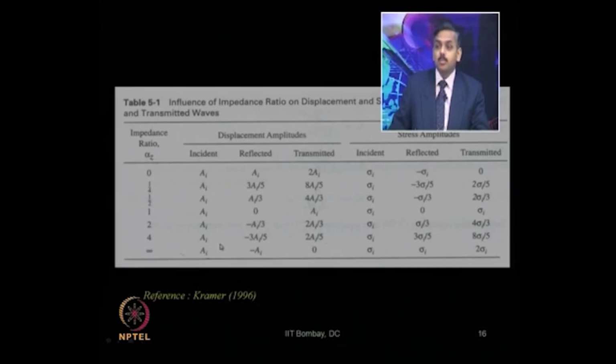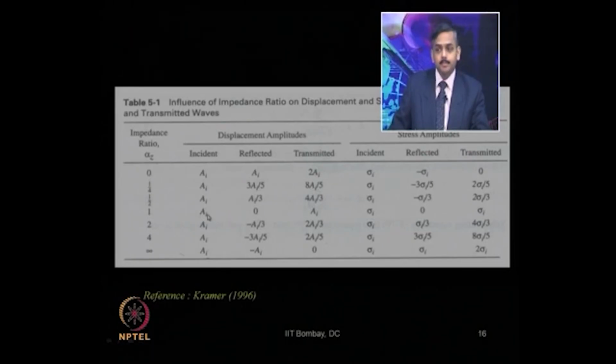That amplification mostly occurs when you have a very soft soil. So, from bedrock, if the wave travels through various soil layers and finally goes through a soft soil media, you will see the displacement amplitude of the transmitted wave in the soft media gets magnified, gets increased much more than what the incident wave was.